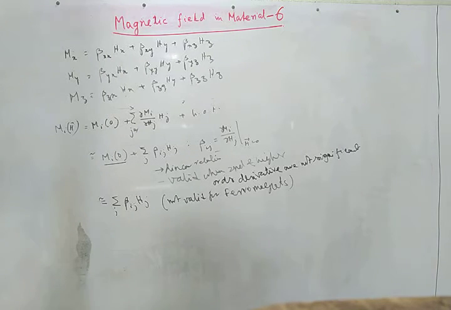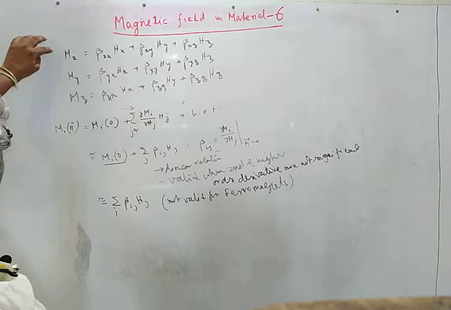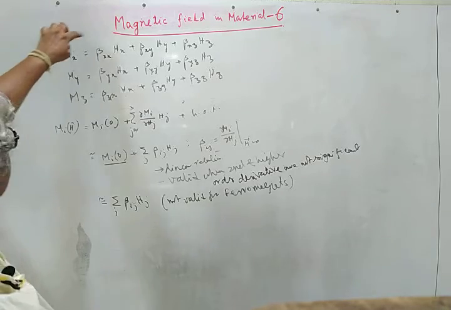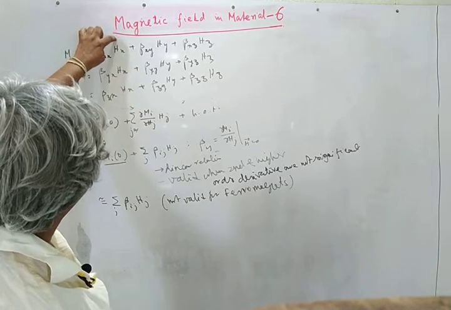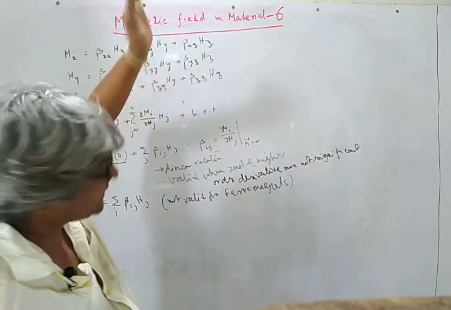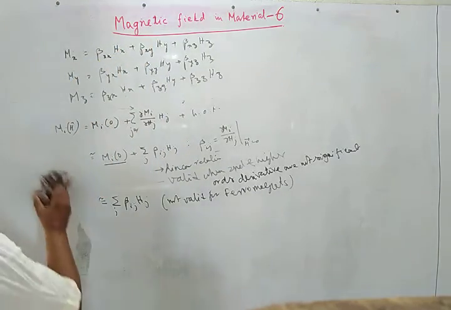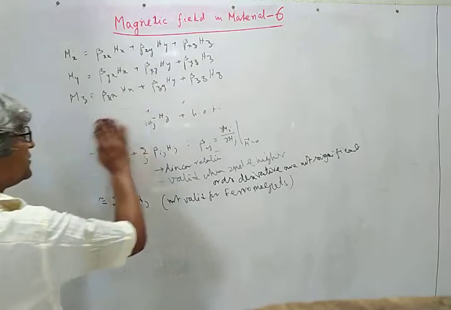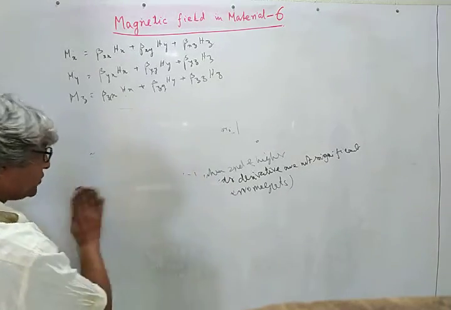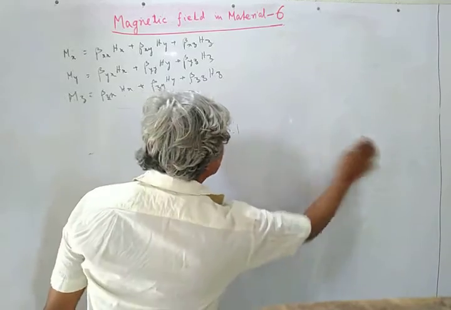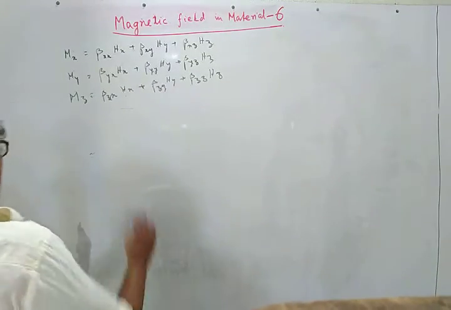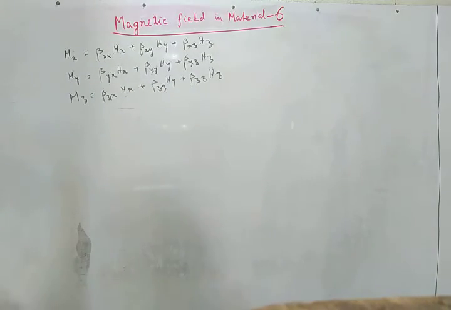We found that this is a tensorial relation, that is, the x component of magnetization Mx depends on the values of Hx, Hy and Hz. This is called a tensorial character, and if the off-diagonal terms of the beta matrix are not zero, the material is called anisotropic.